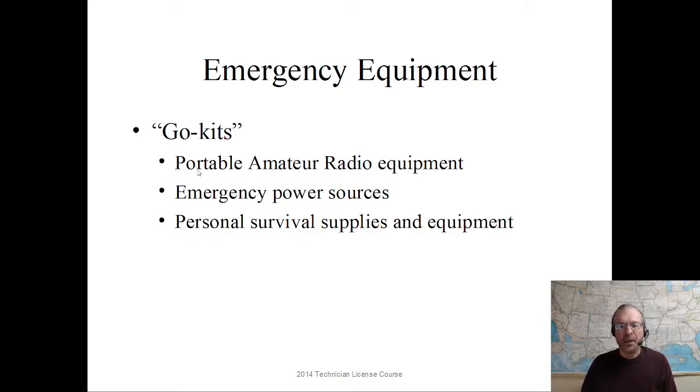This could be a crank-generated radio or a folding solar panel, certainly batteries to take along for different types of things, including your ham radio gear, personal survival supplies and equipment, and that can include medications that you might need, maybe a candy bar.